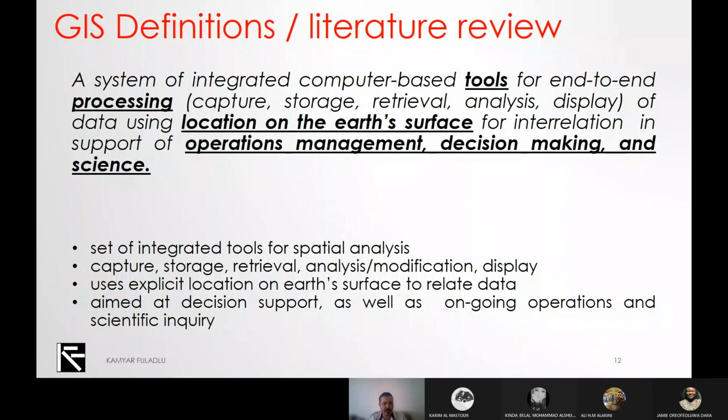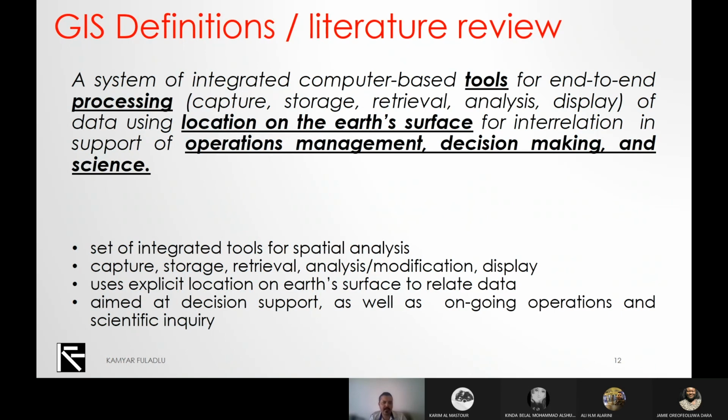It means that we are using spatial data for interrelation, support of operational management, decision making, and science. So this is, I think, very comprehensive. It includes decision support systems, system integration, computer-based tools, end-to-end processing, and spatial data.